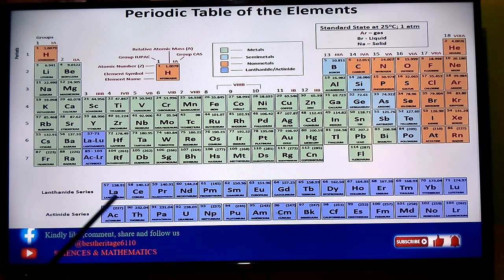This came up with a repetition of chemical and physical properties that came to be known as the periodic law, which we are going to look at later in our discussions.